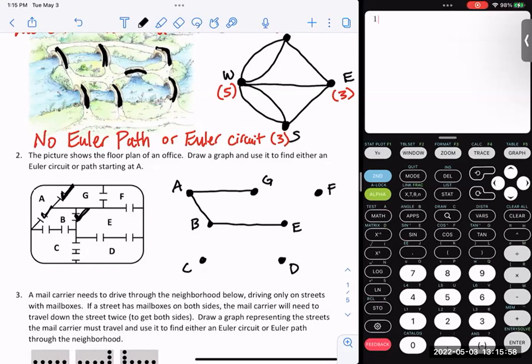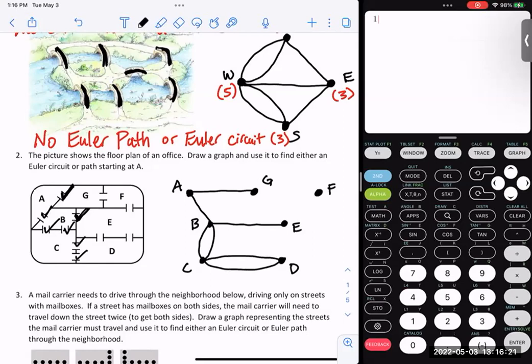There's 2 doors going from room B to room C. So again, I'm going to curve at least one of those. I can see both of them. And then there's 2 doors. So B's done. I'm going to go to C. There's 2 more doors that go from C to D. That takes care of those 2.